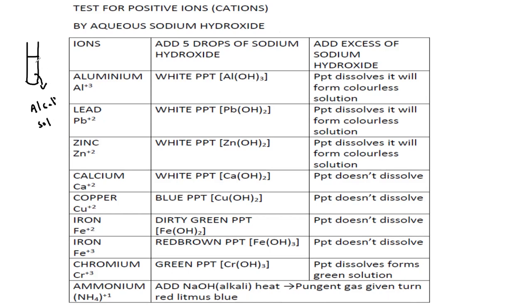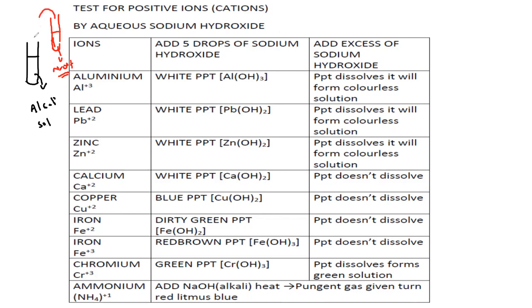So the aluminum salt solution is colorless. In another test tube, we have sodium hydroxide, NaOH. Both are solutions. Sodium hydroxide is a solution and aluminum salt is also a solution.